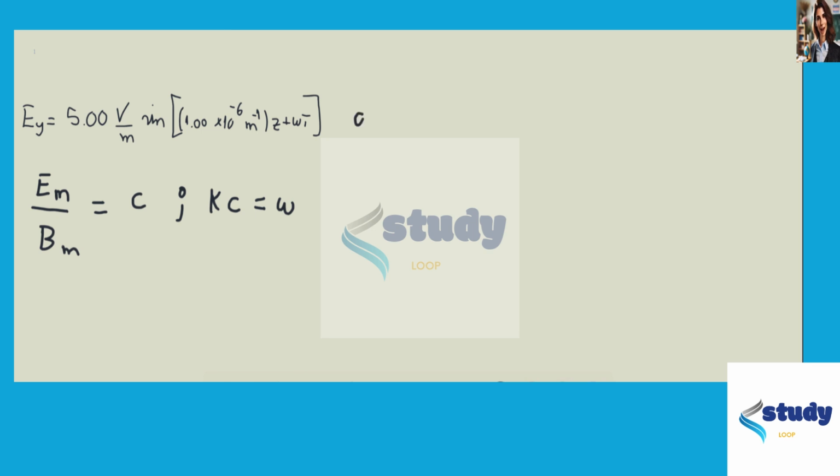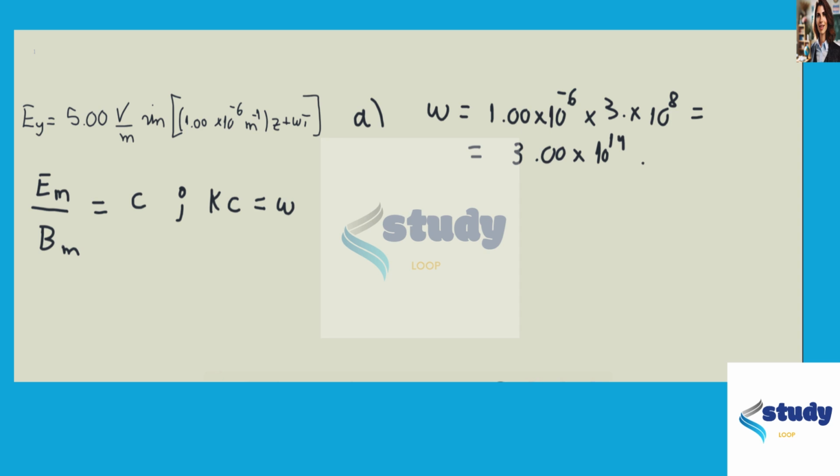So let's do it for part A. Omega is 1.00 times 10 to the minus 6 times the speed of light, 3 times 10 to the 8. This is 3 times 10 to the 14 rad per second.